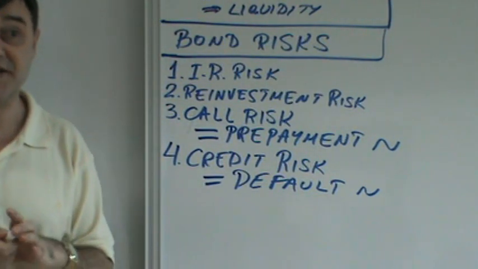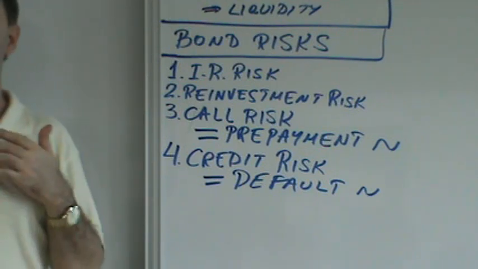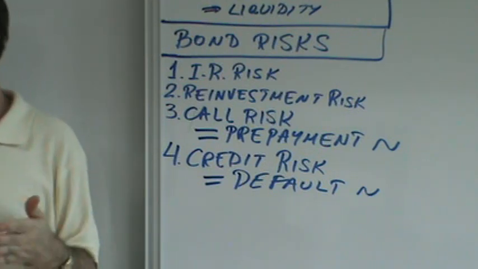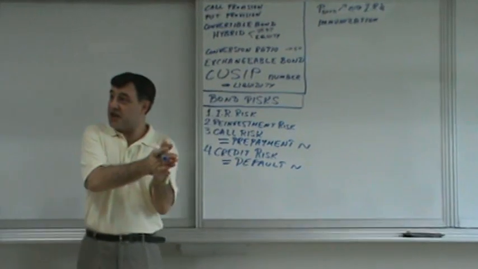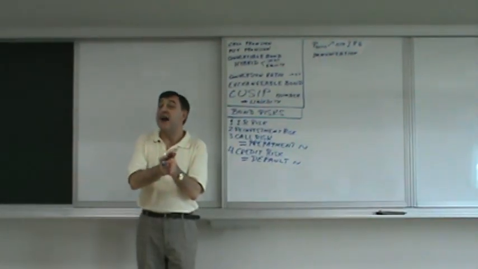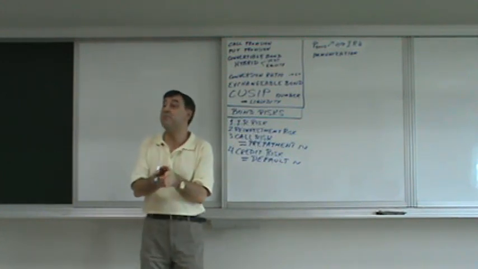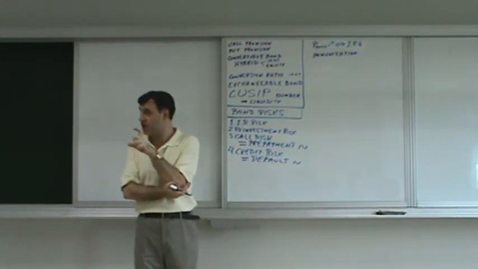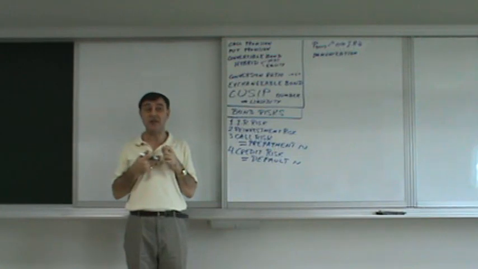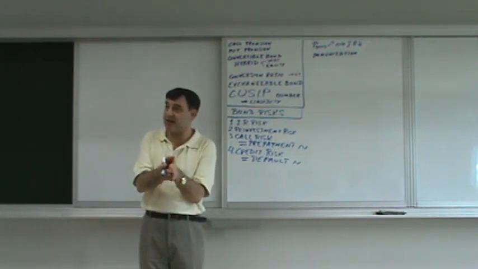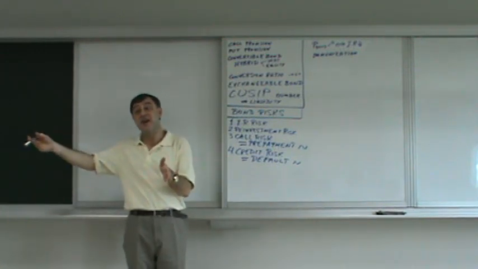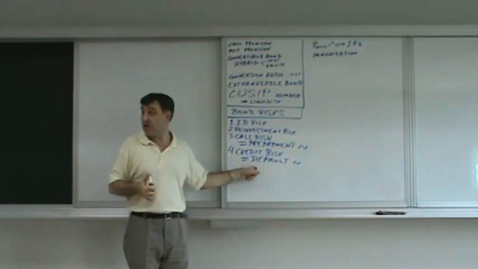Default is, from last time, that the lender does not get his payments on time and in full. So if they can pay you only partially your interest, that's default. If they can't pay today, but they have to take a few days later, that's default, okay?